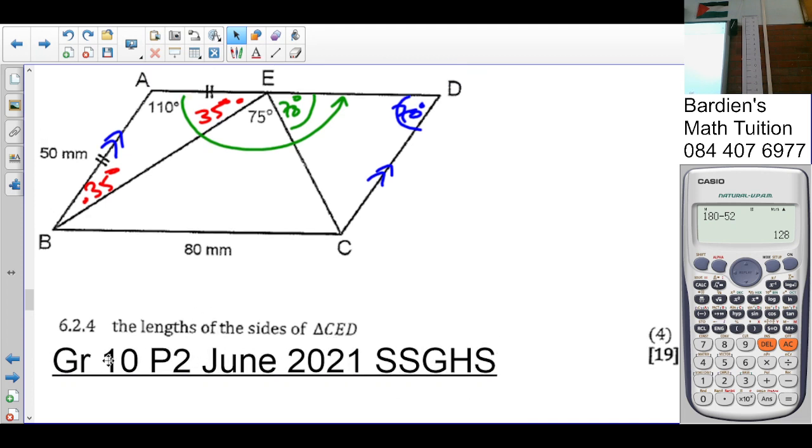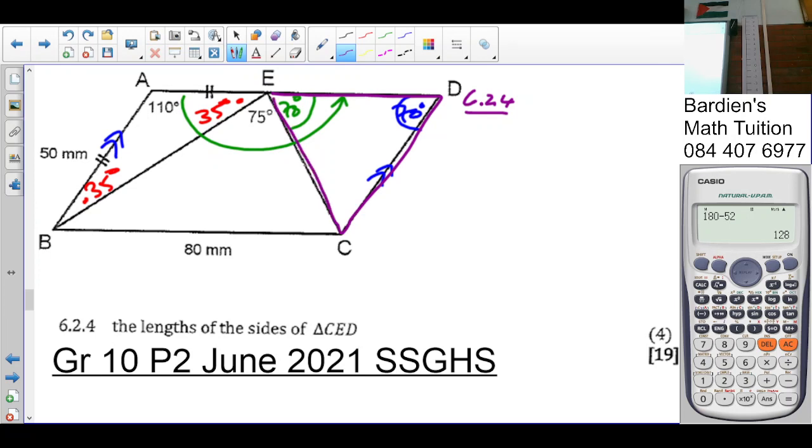For 4 marks, we are told in 6.2.4 to determine the lengths of the sides of triangle CED. So CED. Okay.